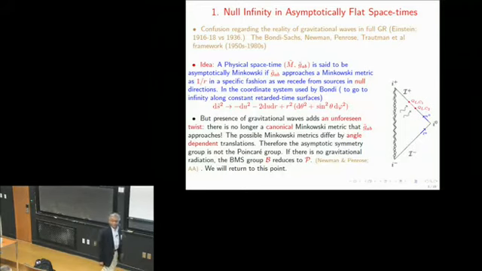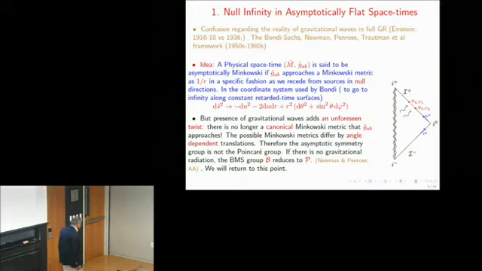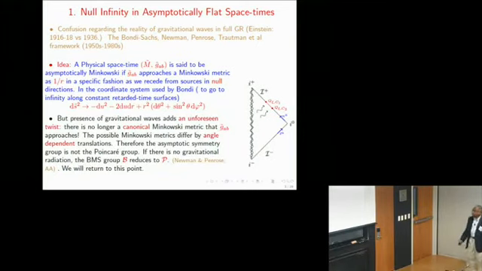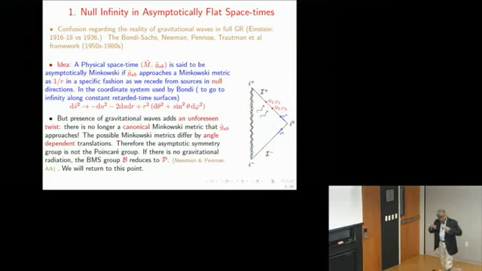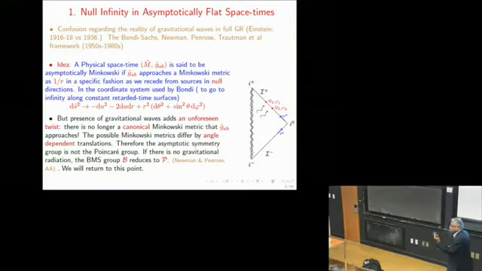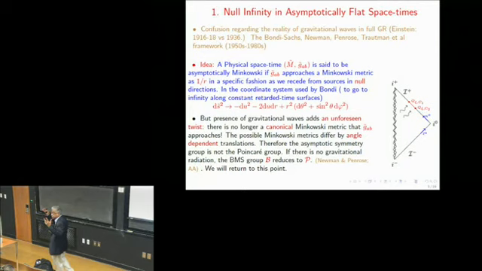For a long time, there was a confusion, as I just said, about the reality of gravitational waves. Already in 1916 to 1918, Einstein wrote a bunch of papers in which he described that if you have linear gravity, in other words, Minkowski space and the weak field limit of general relativity, and if you have a time-changing quadrupole moment, then in fact you have gravitational waves, and they actually carry energy, they have physical quantities, and so on.